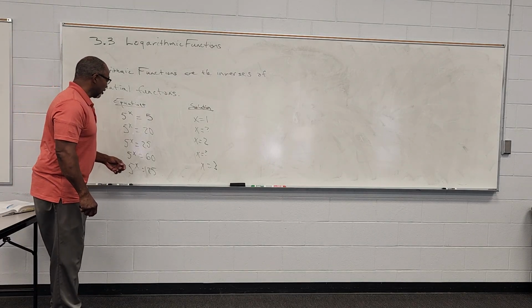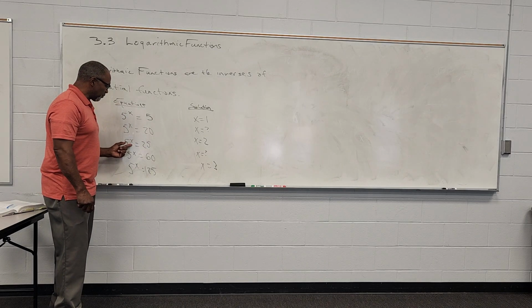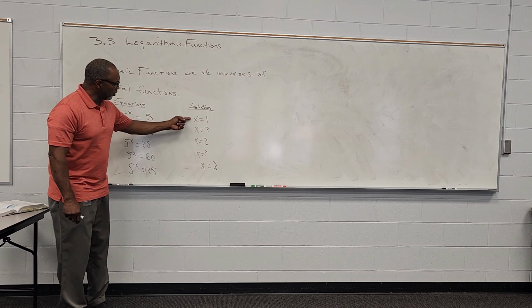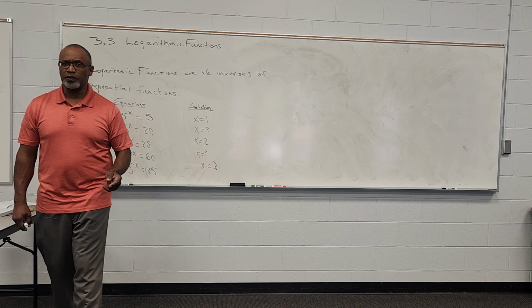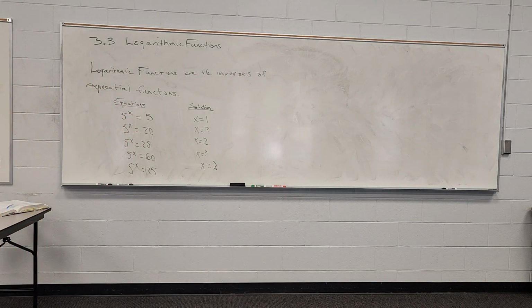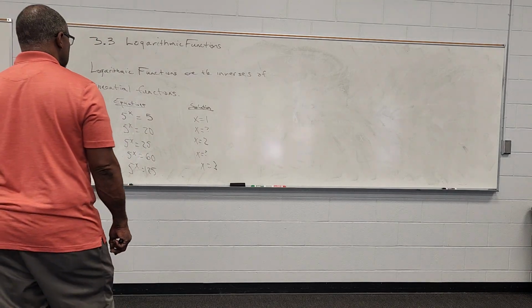Now, one thing we can conclude: if 5 to the first power is 5, and 5 to the second power is 25, then for 5 to the x equals 20, x should be somewhere between 1 and 2. It won't be a whole number.